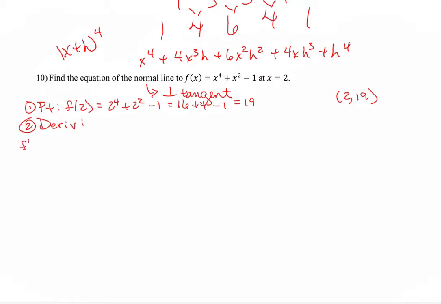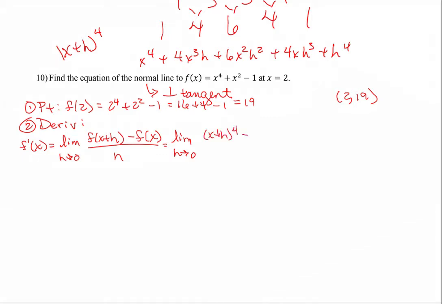So f prime of x equals the limit as h goes to 0 of f of x plus h minus f of x, all over h. So this equals the limit as h goes to 0 of (x plus h) to the fourth plus (x plus h) squared minus 1 minus (x to the fourth plus x squared minus 1), all over h.